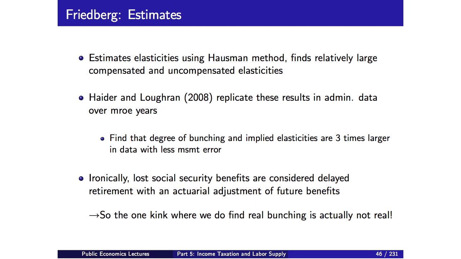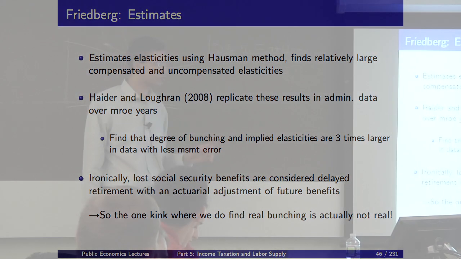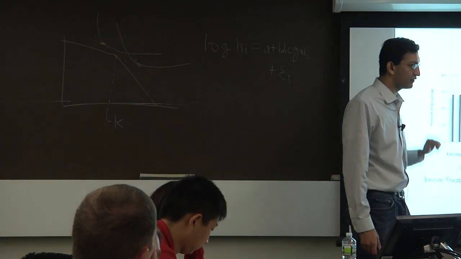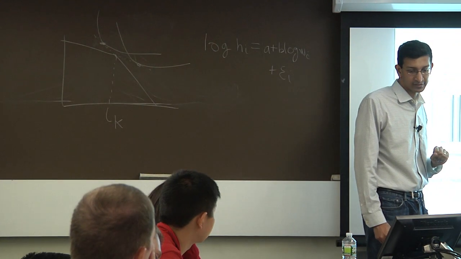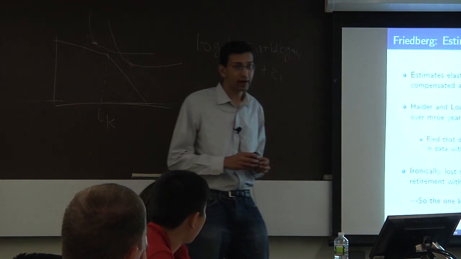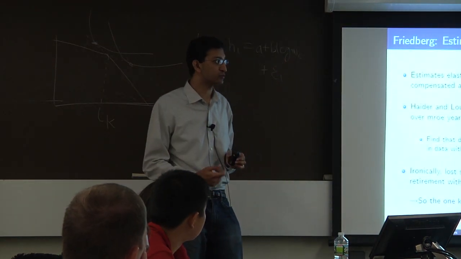Now, what is really ironic about this whole thing is that this is one case where I think you actually find pretty clear evidence, even not doing all the corrections for frictions that we're going to talk about. Just directly, in the basic graph, you see clear evidence that people are responding to incentives. But what's really weird about it is that you are not actually losing your Social Security benefits when you cross that kink.